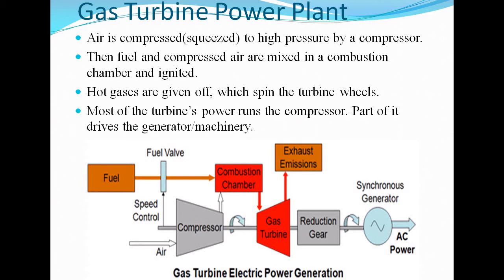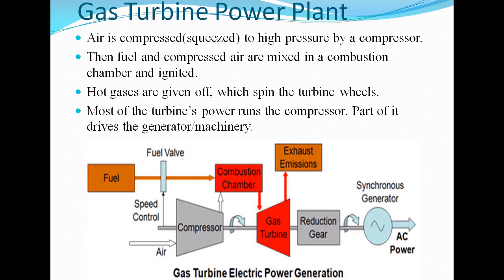So here you can see for this combustion chamber there is an intake of fuel through this fuel valve, and the compressor will supply pressurized air to this combustion chamber. So inside the combustion chamber there will be a combination of fuel and compressed air, and that mixture is ignited which will produce hot gases.